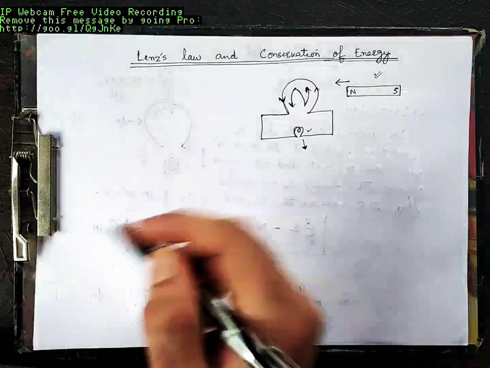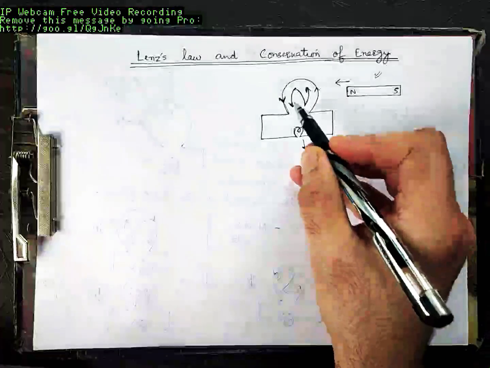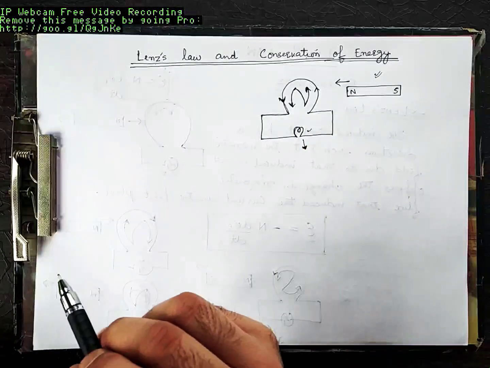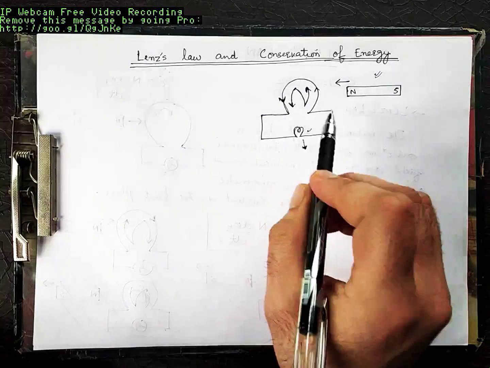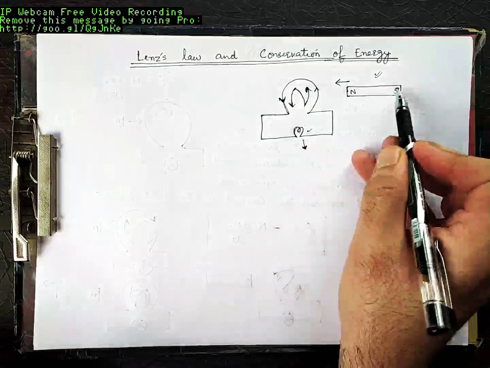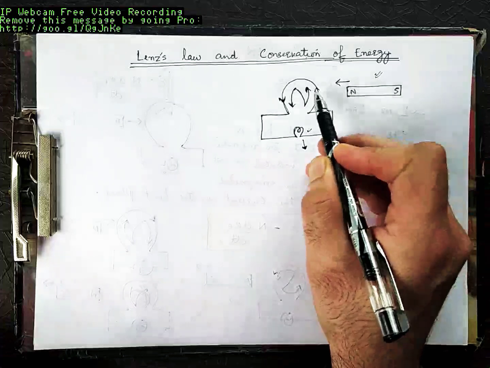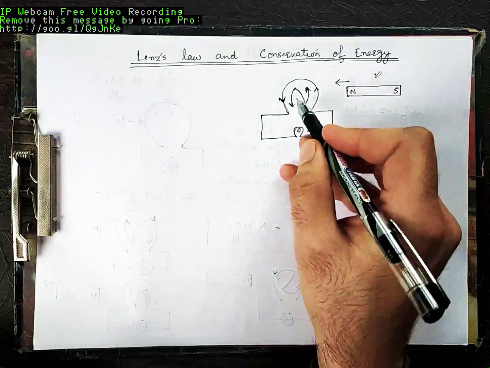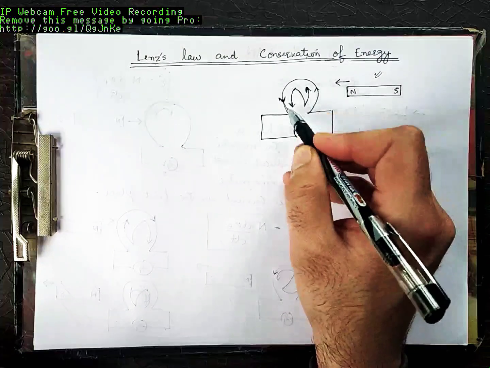Now again back to the question. Why should this be a north pole? Why not a south pole? Look, why shouldn't this be a south pole? Suppose you are pushing the north pole of the magnet towards the coil, and suppose the coil side is a south pole.